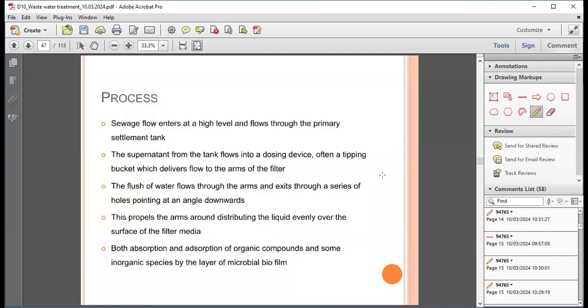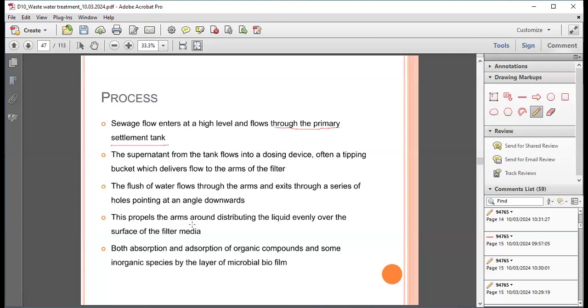The process: sewage flow enters at the high level and flows through the primary settlement tank. You already saw the settlement tank and sedimentation tank studied in the drinking water plant, right? The flush of water flows through the arms and exits through a series of holes pointing at an angle downward.